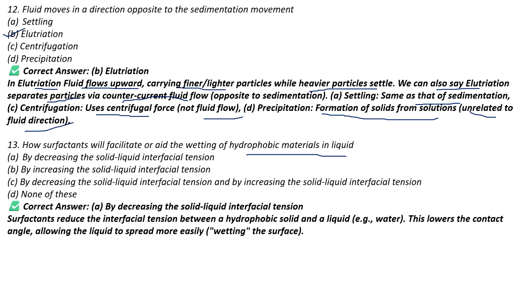So a surfactant basically reduces the interfacial tension between a hydrophobic solid and a liquid. This lowers the contact angle, allowing the liquid to spread more easily, that is wetting of the surface. So we can say option A, by decreasing the solid liquid interfacial tension, a surfactant will facilitate the wetting of hydrophobic materials in a liquid.